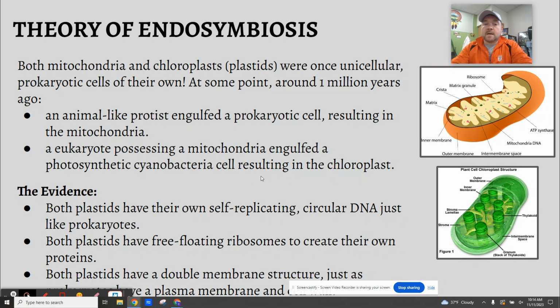So plant cells, this would be their ancestor right here. Okay. This would be their ancestor. And our ancestor would be this one right here. So plants are going to have both chloroplasts and mitochondria, whereas we are going to have just mitochondria.